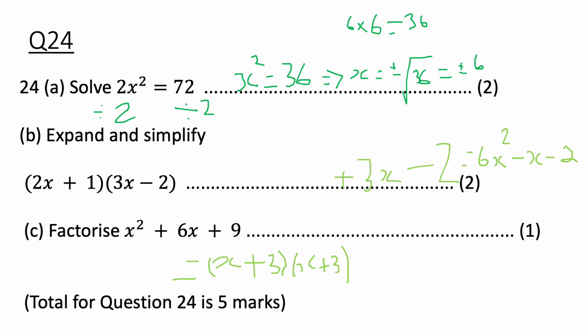So that means that when I take the square root, it's the positive root of 36 and it's the negative root of 36, because negative 6 times negative 6 is positive 36, and positive 6 times positive 6 is 36. So there are 2 solutions for my equation. So the answer is plus or minus 6.